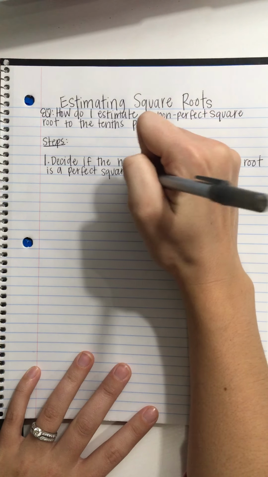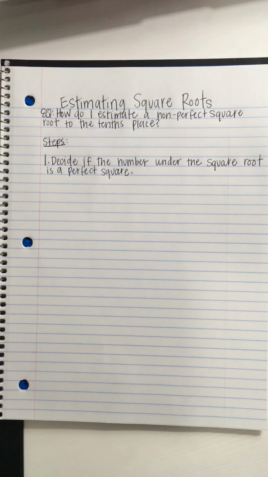Decide if the number under the square root is a perfect square, okay? So if it is a perfect square, easy. That's what we did yesterday. If it's a perfect square root of, say, square root of 36, we already talked about, okay, we know that's a perfect square. We know the square root of 36 is 6.